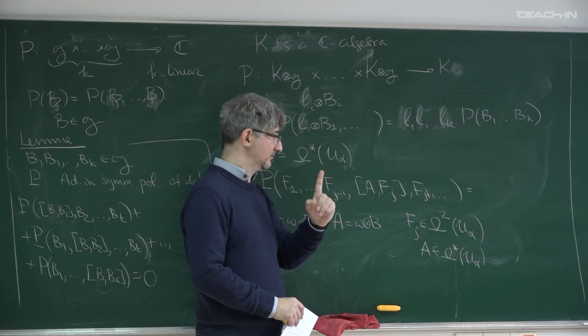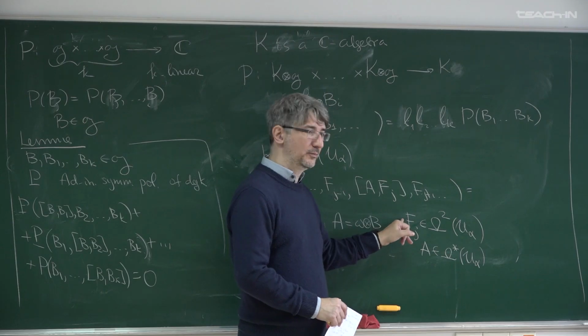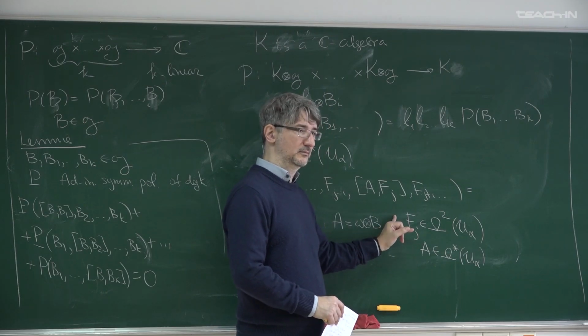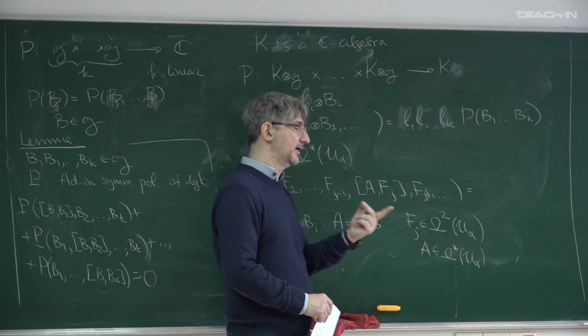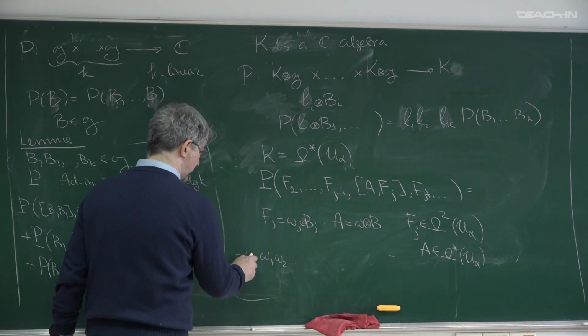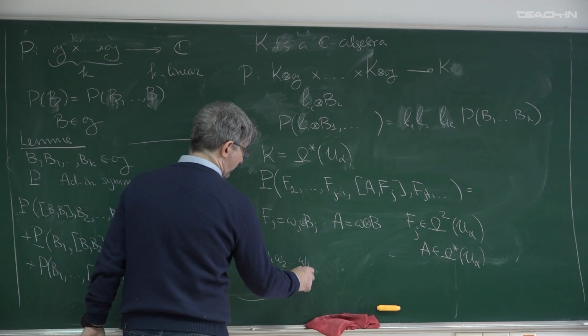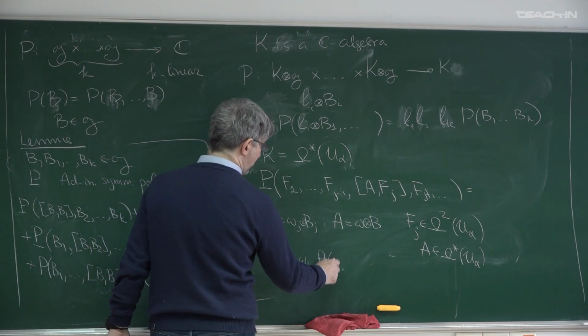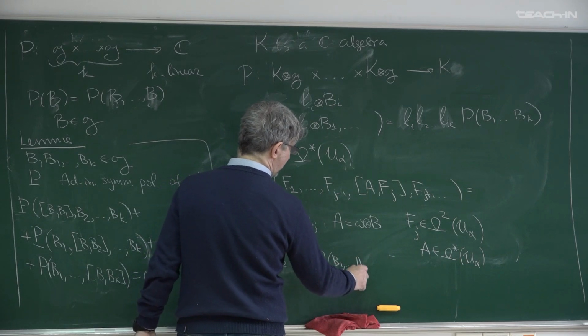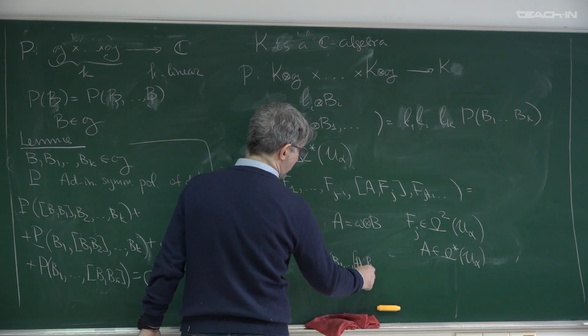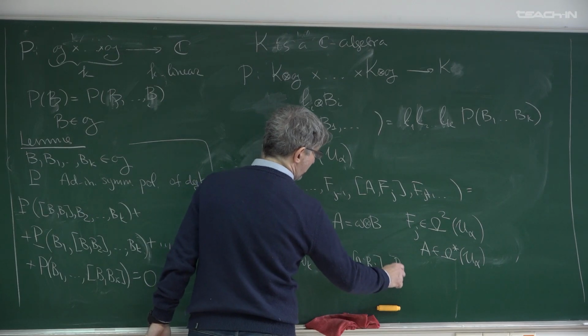But I asked f to be an even form. Yes, so if you interchange something with an even form, no sign appears. That's why I write the very simple formula here. Then we have b1 blah blah blah, a commutator with bj blah blah blah bk.